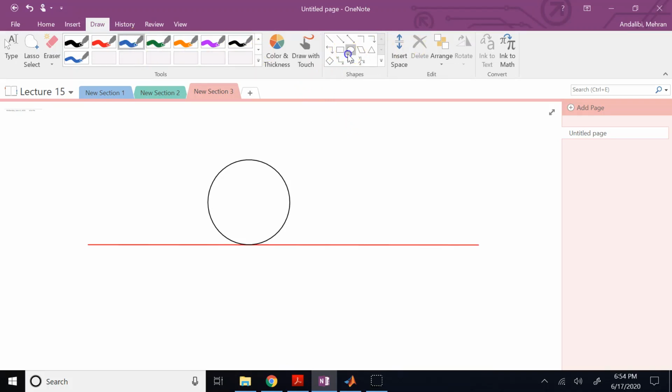So here, this is what I'm going to do. I try to make them as close as possible. Of course, you cannot make it 100% on top of each other because then you cannot see anything, but let's say something like this.